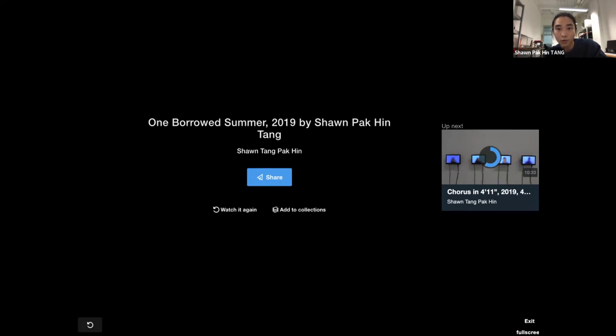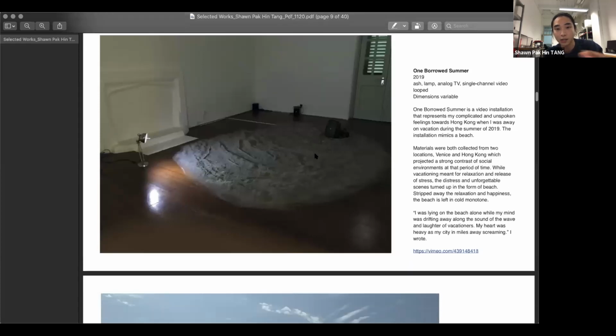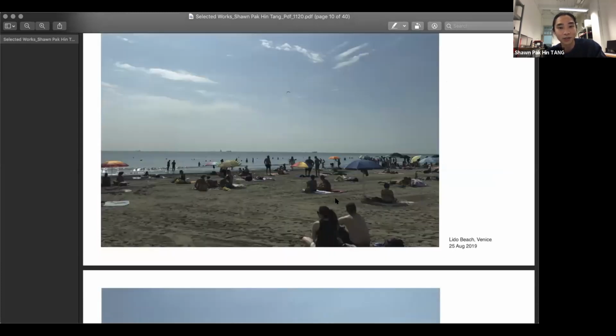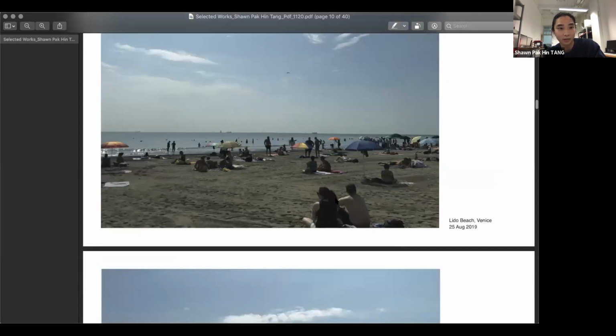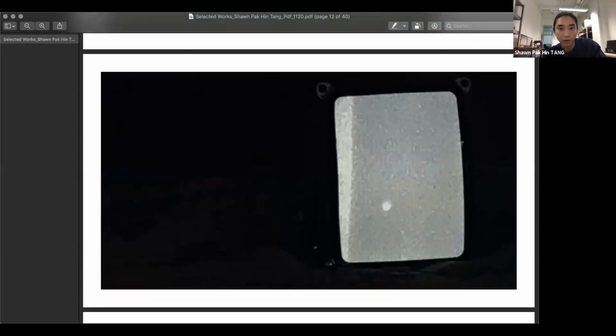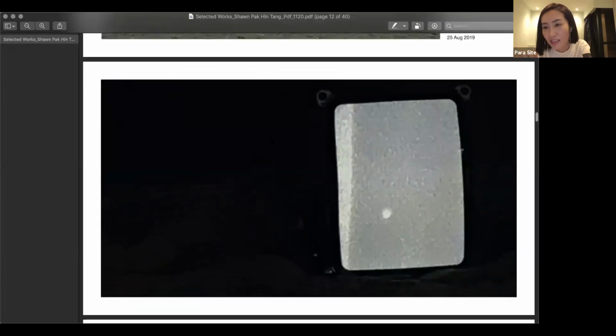Let me go back to the PDF. Okay, so this is where I've been in Venice, a very sunny and vacation beach. It reminds me of the older version of television, where you have the snowflake-like screen, and sometimes there's a light dot on it.